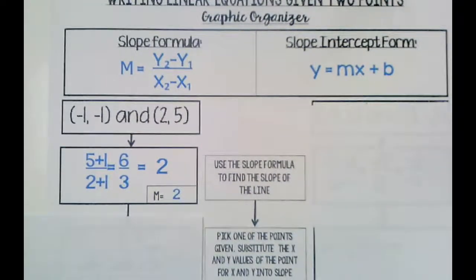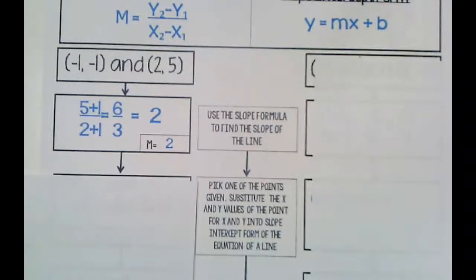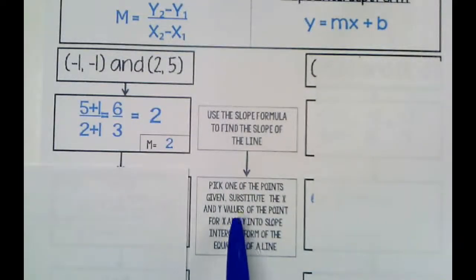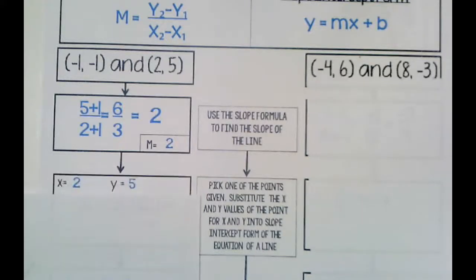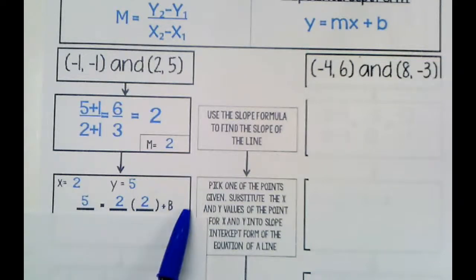Our next step is for us to choose a point that we can substitute to calculate the slope-intercept. So we've chosen the point 2, 5, obviously because it's positive. Here all we've substituted, y equals mx plus b.